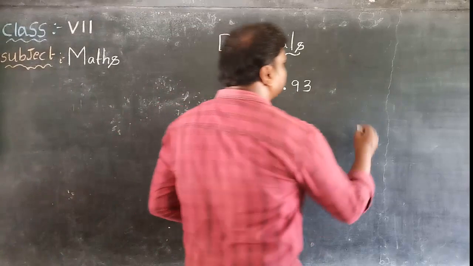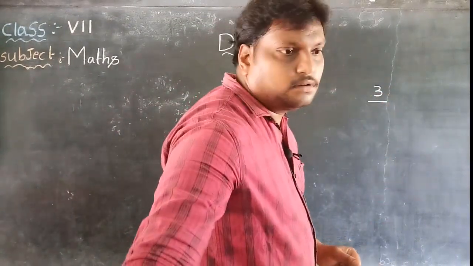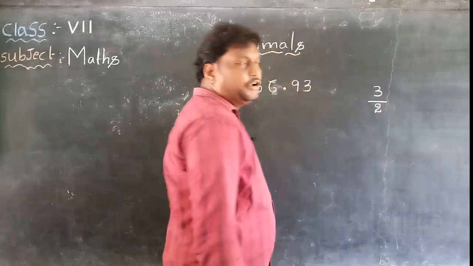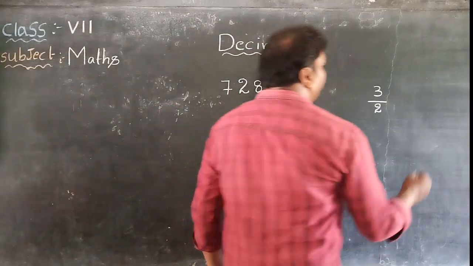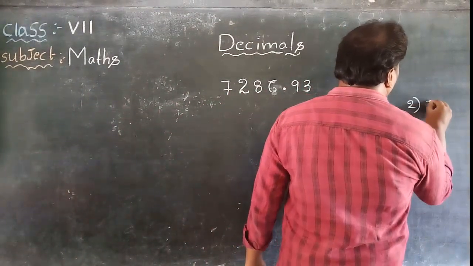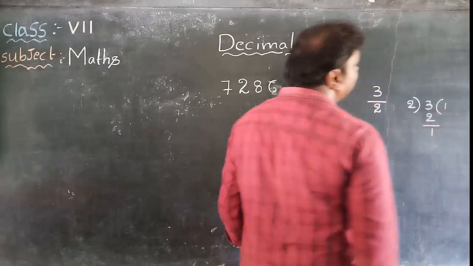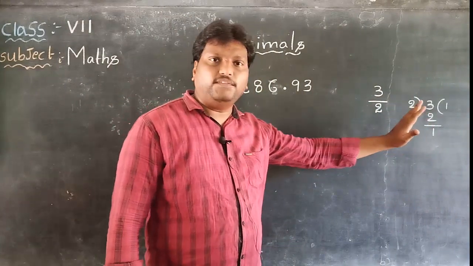For example, 3 by 2. It's a fraction, an improper fraction. Now 2 with 3, 2 1s are 2. What is the remainder? 1. The remainder is 1. Otherwise, this process would be stopped.